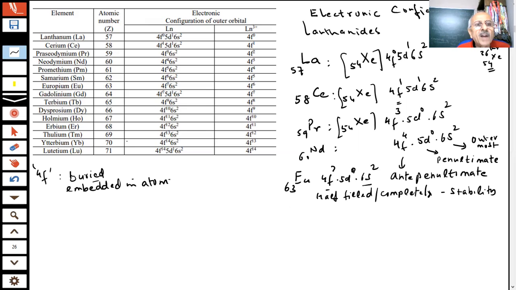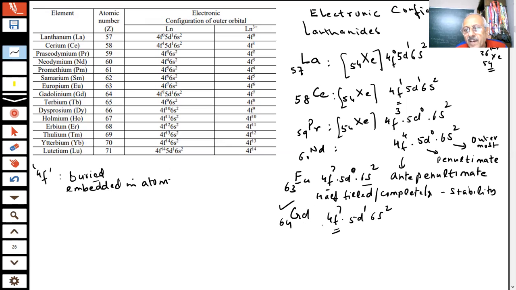And after this comes gadolinium, Gd. This is important now. What is the atomic number? 64. This configuration was asked in the paper. Now there is a reason for that. The next electron is seen in gadolinium in 5d1 6s2. See, 4f7, 5d1, 6s2.